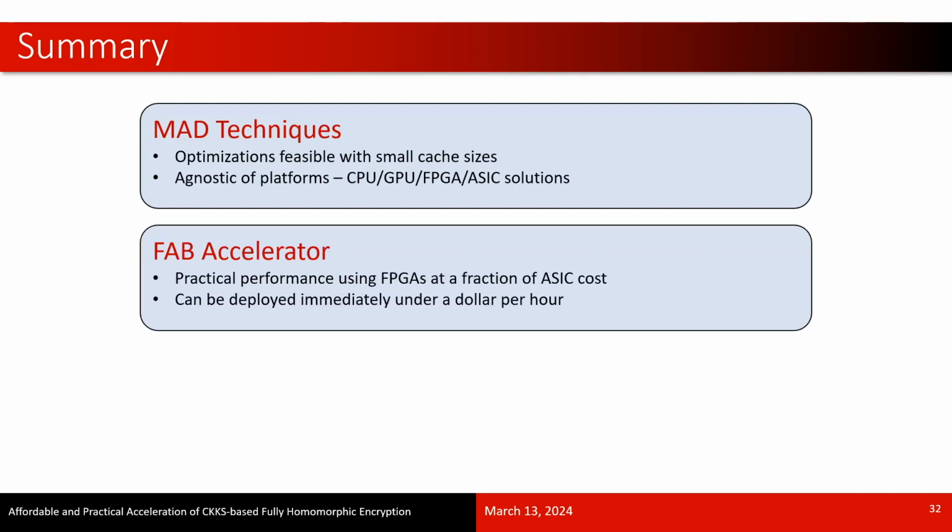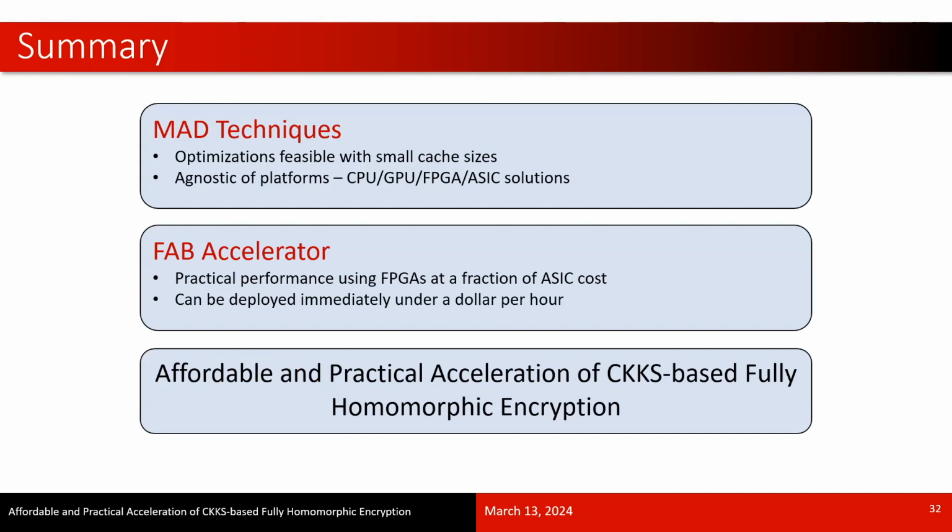Our FAB accelerator demonstrates a practical performance using FPGAs at a fraction of ASIC cost. So both MAD and FAB demonstrate affordable and practical acceleration of CKKS-based fully homomorphic encryption computations, justifying the title of the talk. And thank you so much for listening.